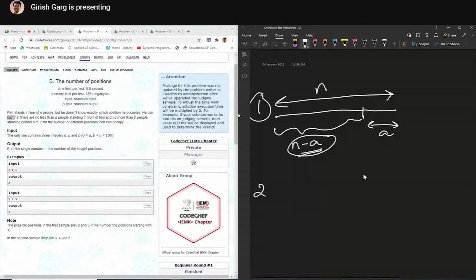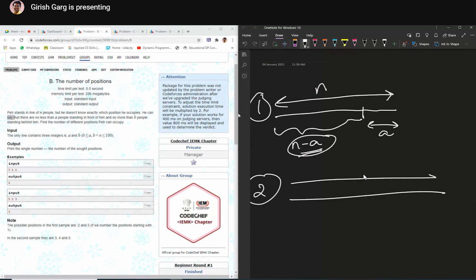And the second condition that has been given is that no more than b people are standing behind him. That means that a maximum of b people can stand behind me.